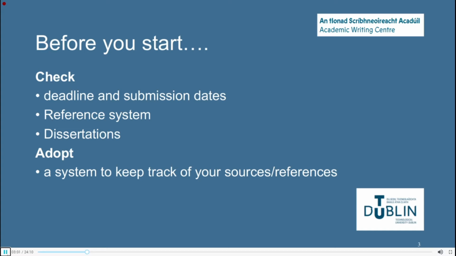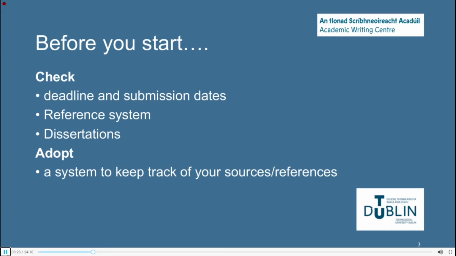Also, it is a good idea to check dissertations from your discipline in the library. Finally, adopt a system to keep track of your sources and references. Perhaps it's a good idea to use a reference management system such as Mendeley or Zotero.